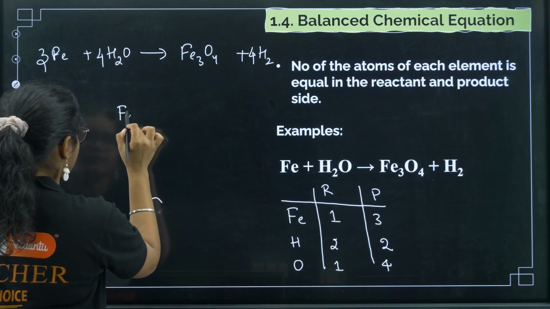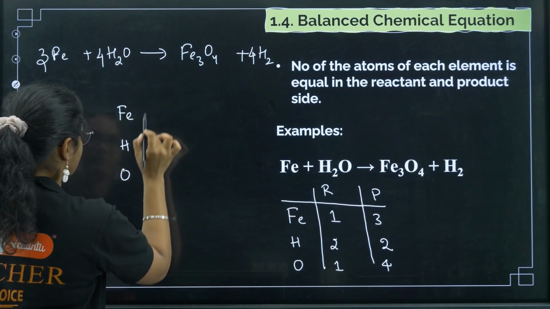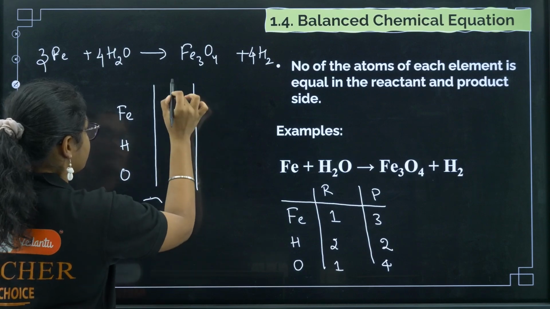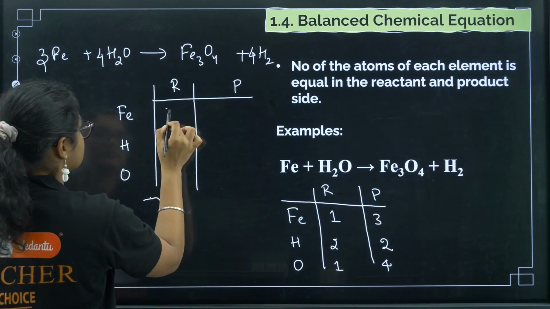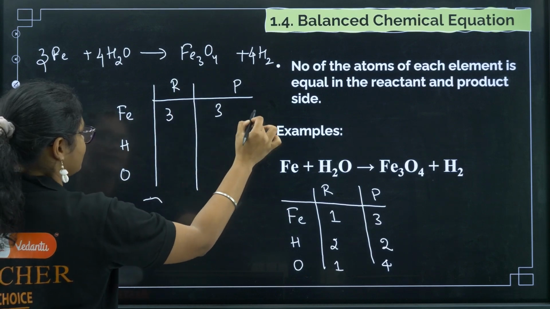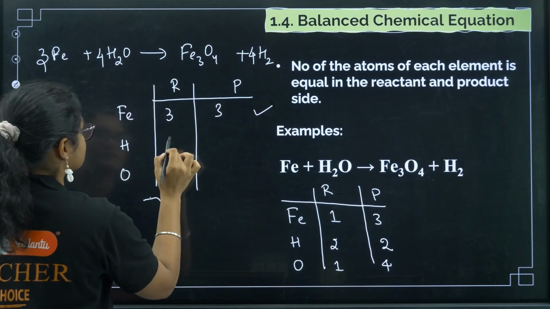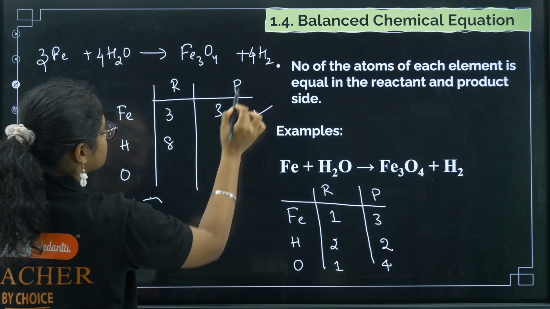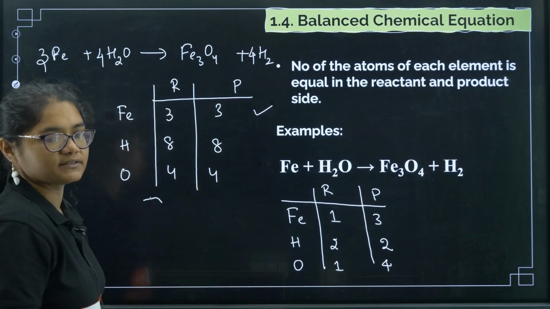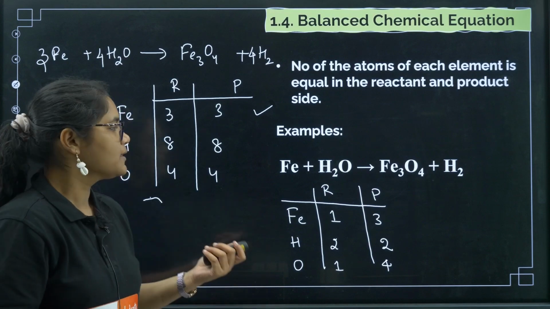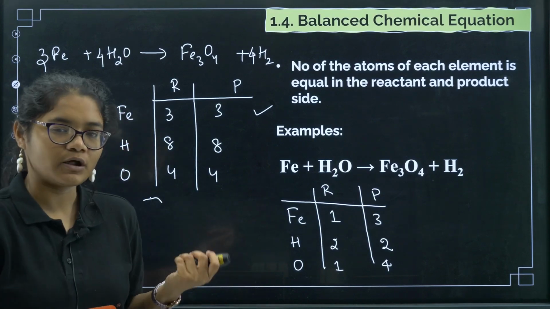We have Fe, hydrogen and oxygen. Reactants and products: Fe here is 3 and here also 3, so yes, it is balanced. Hydrogen this side 8 and this side also 8, yes, it is balanced. Oxygen this side 4 and this side 4, so this is also balanced. I hope you have understood how to balance it.